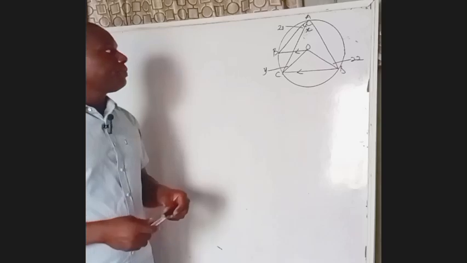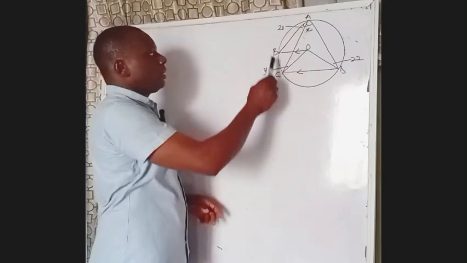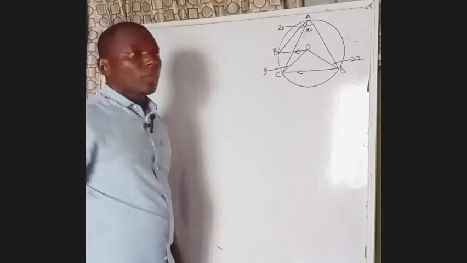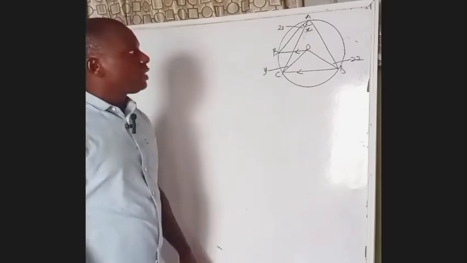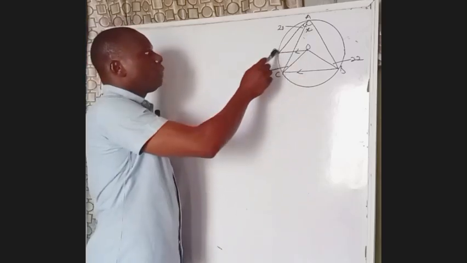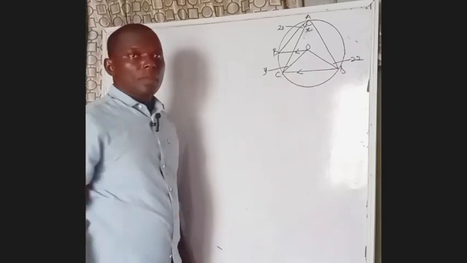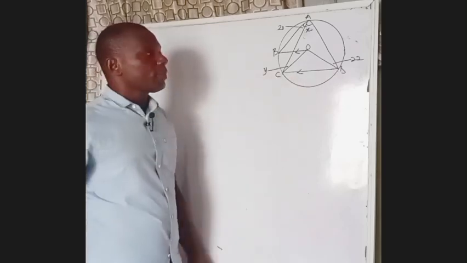Here we have a circle ABCD with the center O. We could visibly see that the line OB is parallel to the line BC. They are parallel lines.